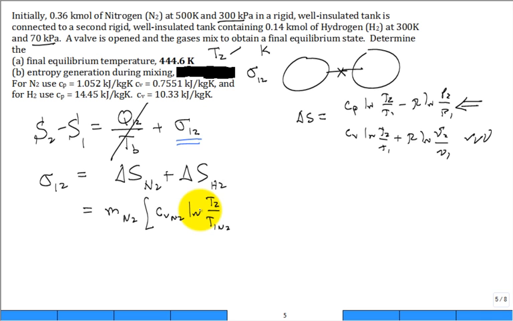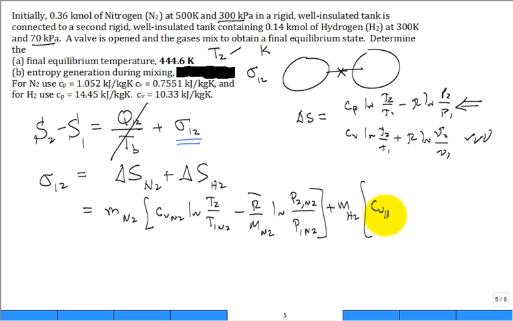So don't make it more complicated, but let's put in the R bar divided by the molar mass of the nitrogen. And we have the natural log. Now we have the final pressure of the nitrogen, and we have the initial pressure of the nitrogen. And I'm going to add to it the mass of the hydrogen times C sub V of the hydrogen.